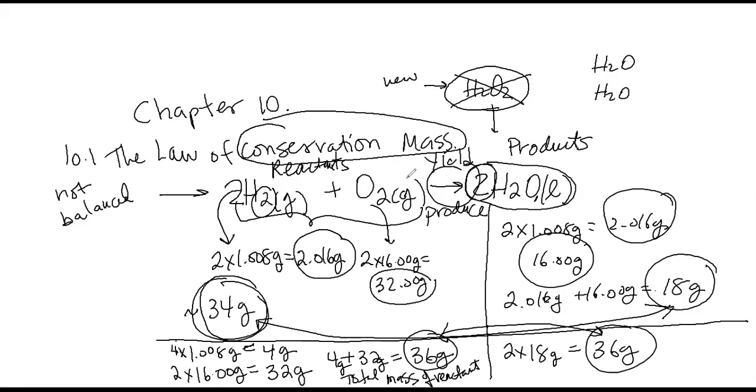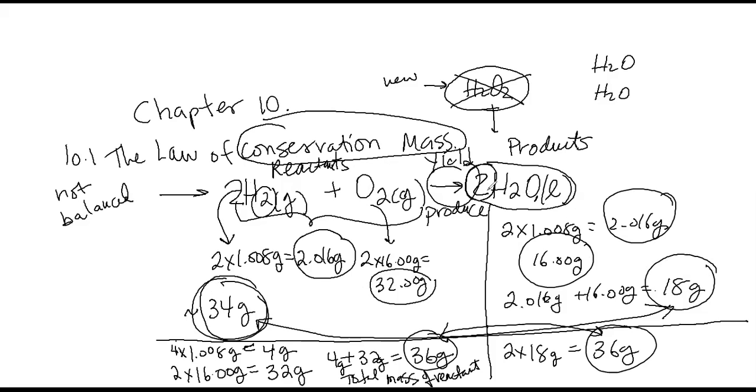First, I deliberately did not balance the chemical equation. And I showed you that 34 grams of the reactants produced 18 grams of the products, but that violated the conservation of mass law. So I needed to go back and balance these chemical equations, showing you the way nature does it. Nature always balances the number of reactants and products.